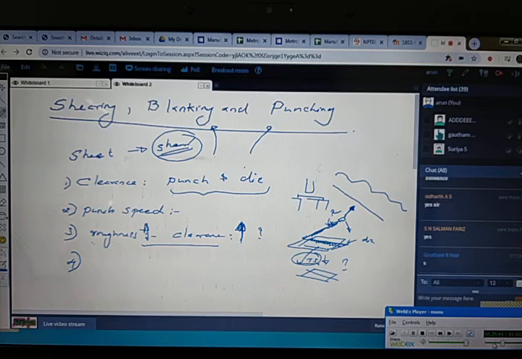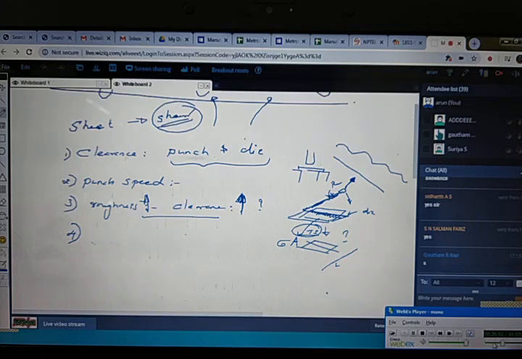Taking the case of a sheet, the stress sigma is the ultimate strength of the material, and A is the area. If I know these two things, I can easily find the force required to cut that material. Suppose L is the length of the sheet and T is the thickness of the sheet. Then the force required is sigma into T into L.